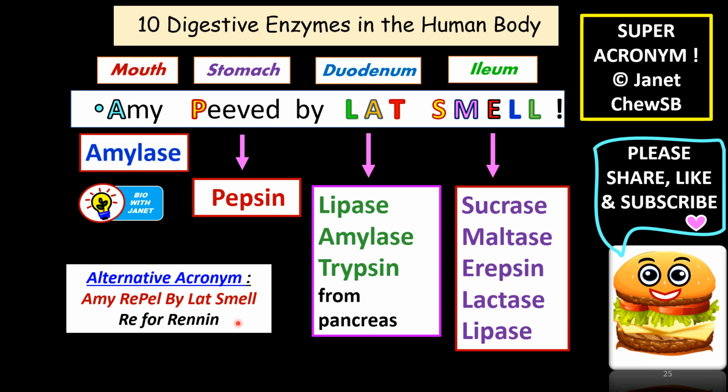It's up to you whether you want to include renin or not. The textbook doesn't include renin, but maybe some teachers or, in some cases, the marking scheme may include renin as one of the enzymes in the stomach, based on the old syllabus. So never mind, you can use AMY repelled by LUT smell if you want to.